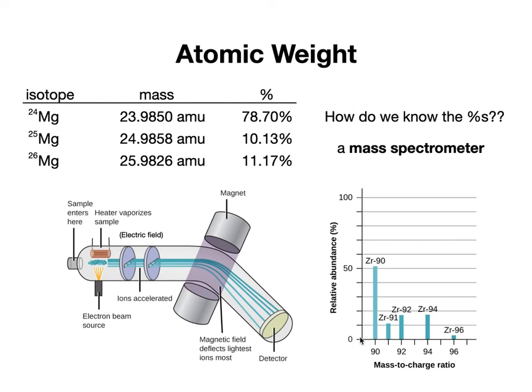So basically, you end up with a readout here that gives the relative abundance versus the mass to charge ratio. And that's how scientists get these percentages. So this is very straightforward, class, very routine in laboratories now.